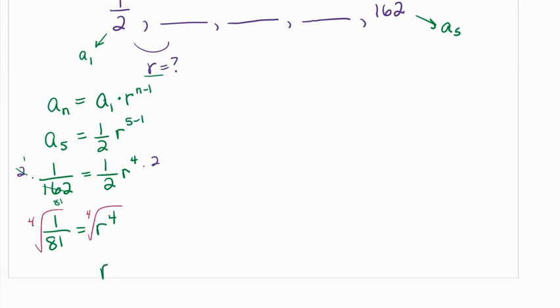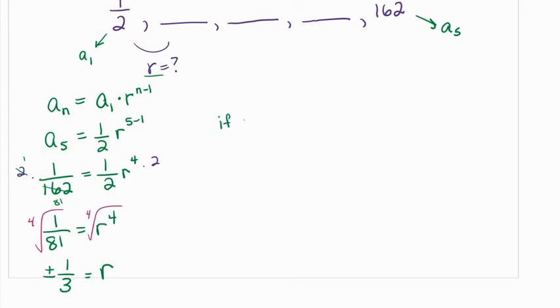So then we would get r equals, the 4th root of 81 is 3, so it'd be 1/3. Now this is an even index that we're doing, right? If it's even, that means we need a plus or minus. So our r value could be 1/3, or our r value could be negative 1/3, right?